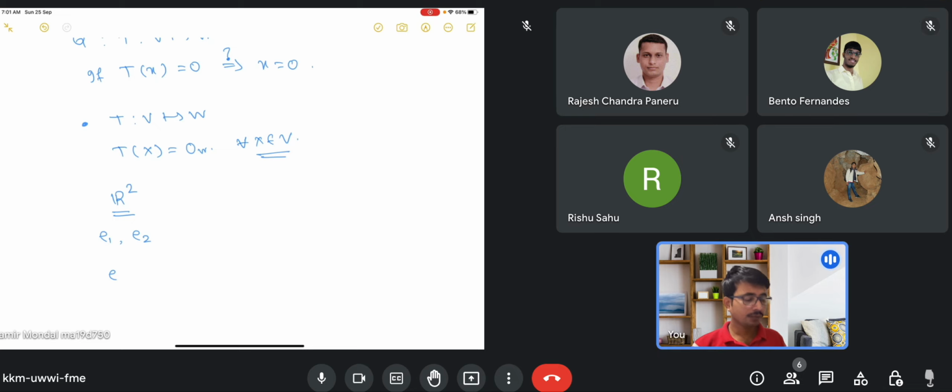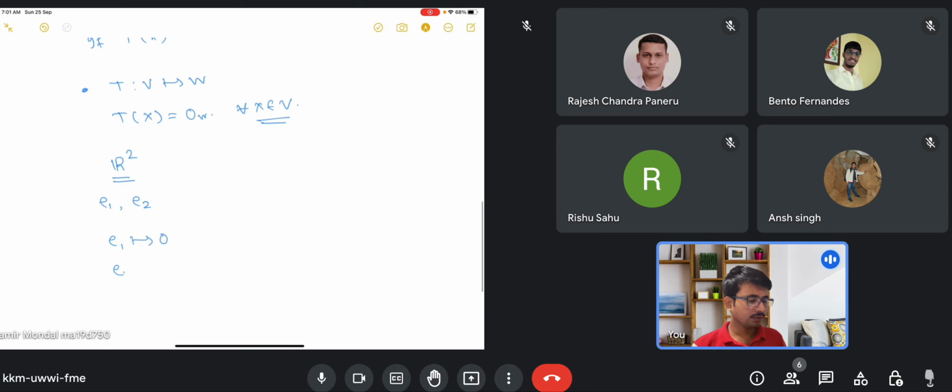And previously you told that if we map e1 to 0 and e2 to e2, this will also work. Is it or not? It is a map from R2 to R2. In the starting you told that if some element maps to 0, then the image set collection is dependent.